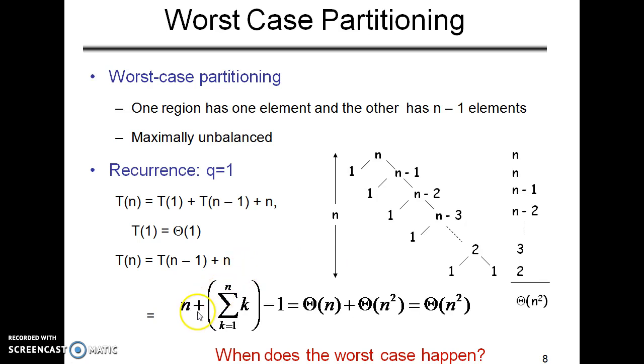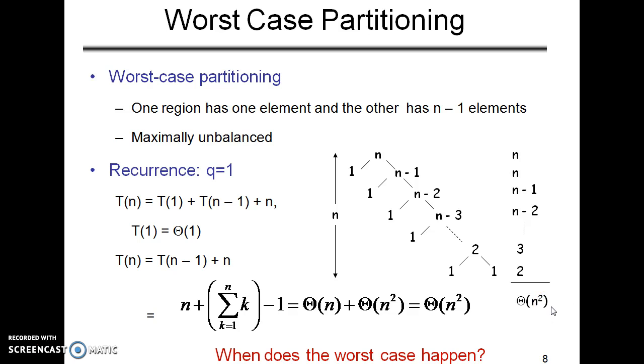So we can write the recurrence as T(n) = T(n minus 1) + n. This will be n plus the summation over k from 1 to n of k minus 1, so it will be theta of n plus theta of n square, which is the same as theta of n square. The height of the tree will be n, so we sum up from 2 to n, and that will be theta of n square.